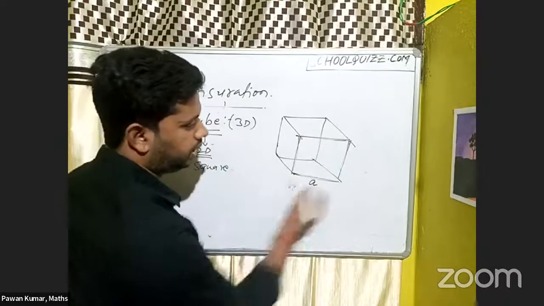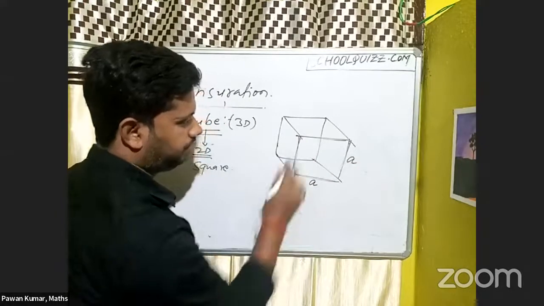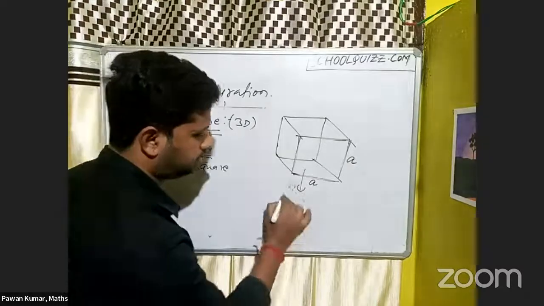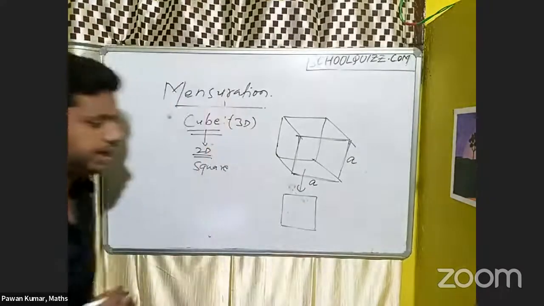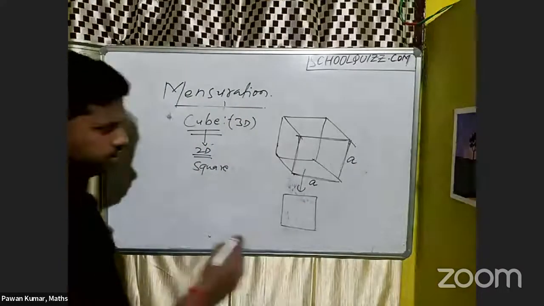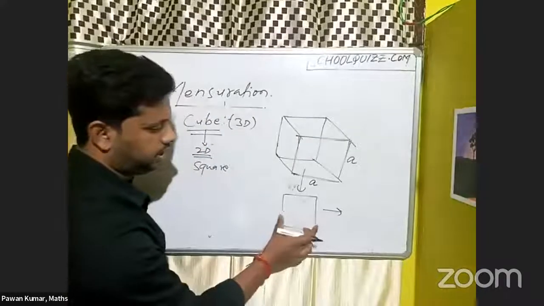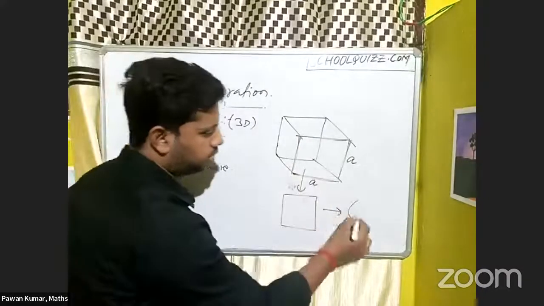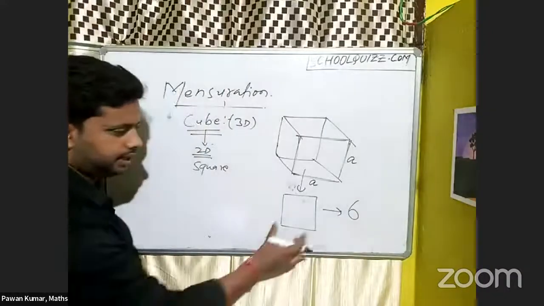Suppose this side is also A. If I take one face of this, it will look like a square, correct? So how many faces are there in the cube? Total 6 faces are there.